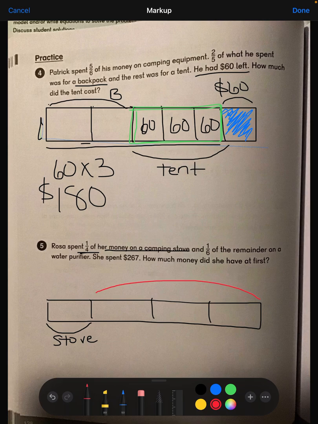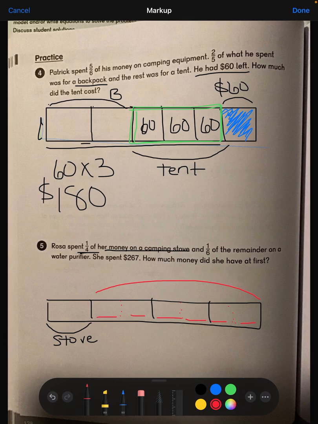We need to turn them into 6ths. So we're going to put some dotted lines to show 6ths here. So that would be 1/6, 2/6, 3/6, 4/6, 5/6, 6/6.